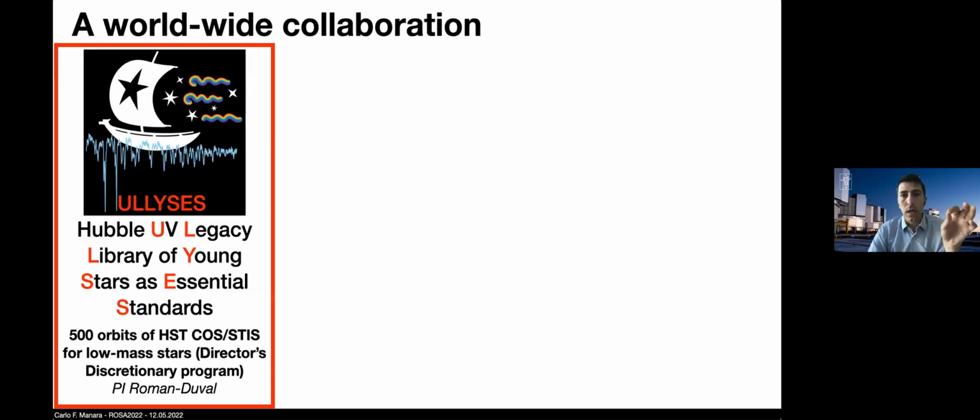And this all started with a decision of the director of the Hubble Space Telescope, who a couple of years ago decided that they wanted to invest about 500 orbits of HST time to study stars in the UV. They decided to focus half of the time on massive stars, and I will not mention that anymore, and the rest of the time on young stars, so young, low mass stars.